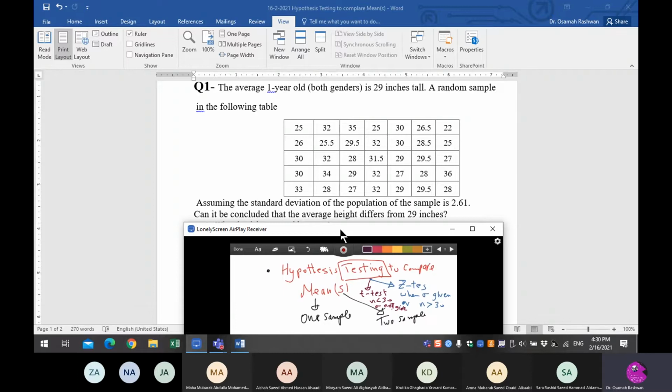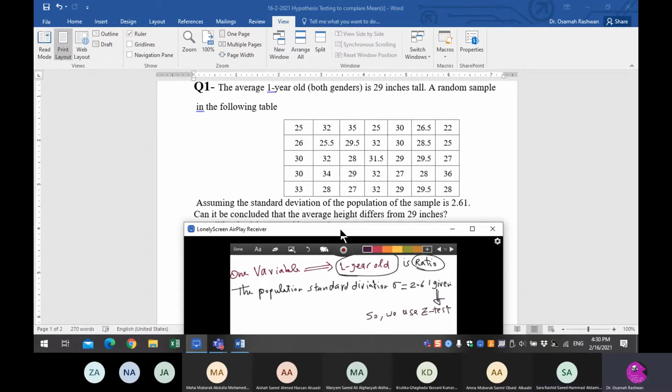I'm just mentioning this one here, right? So Z test, one sample or two sample? One sample. I have one variable and I have one sample. So I'll go for one sample Z test, right?